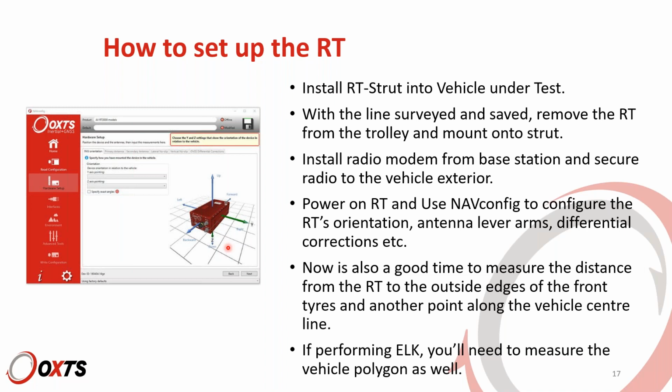So to work out that point, you need to calculate 3 points: the outside edges of the left and right front tires, which are points A and C, as we refer to them, and point B, which is some point along the center line of the vehicle. This is useful if you have, for example, a lane centering system and you want to check that the distance from the center of the vehicle to the lines left and right of it is roughly the same. That's where it's useful to have that middle point.